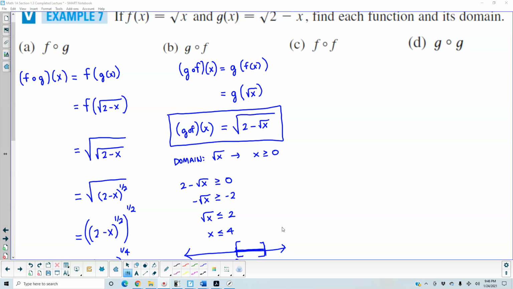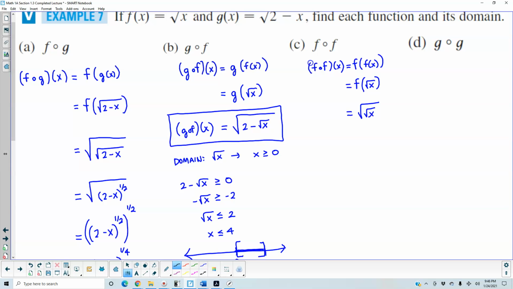Okay, next we have f composite f of x, which is equal to f of f of x. So that means that the input is f of x, which is the square root of x, and then the square root of x becomes the input of the square root.